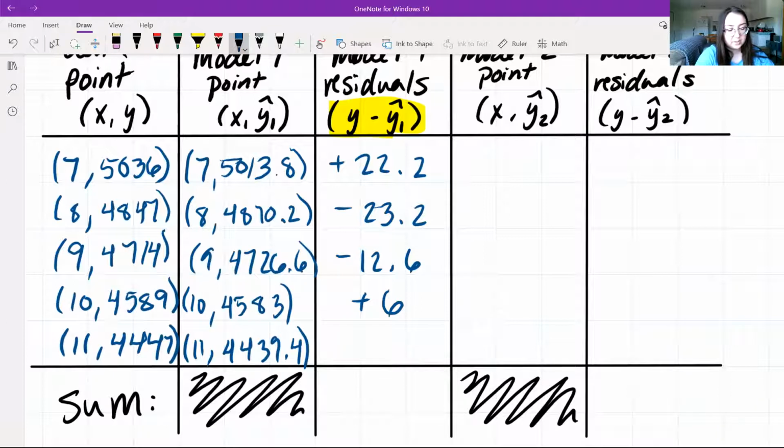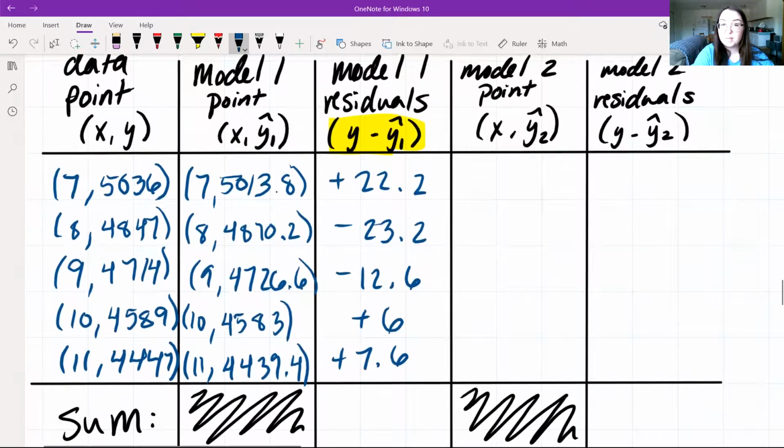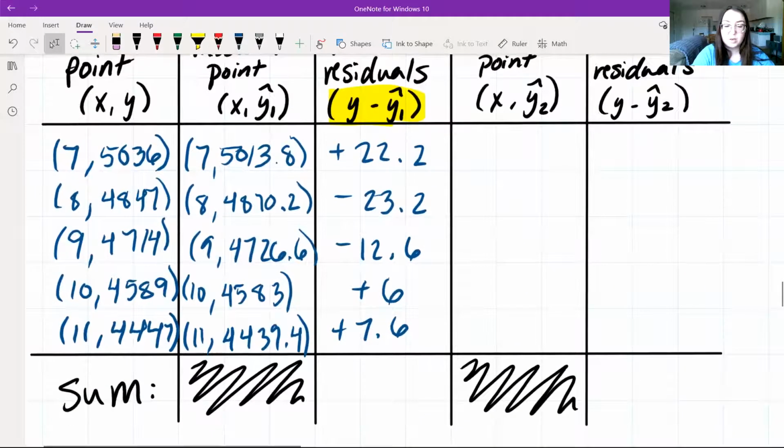And lastly, for our year 2011, we're going to take 4,447 and subtract 4,439.4, which will give us a positive 7.6. So now, since we want to take the sum of our residuals, we are just going to add all of these terms up. So I invite you to also take a moment to do that as well.